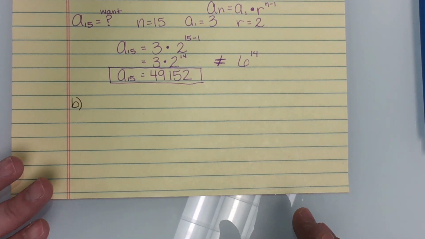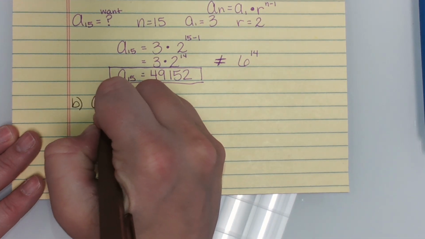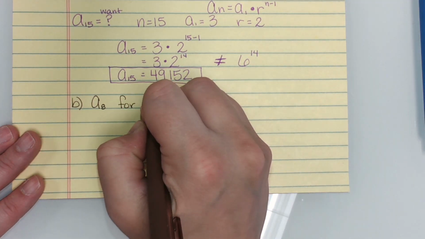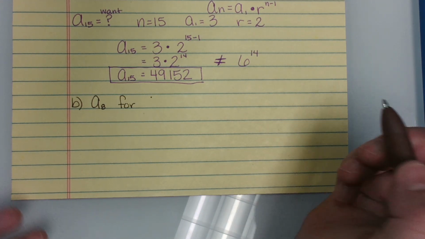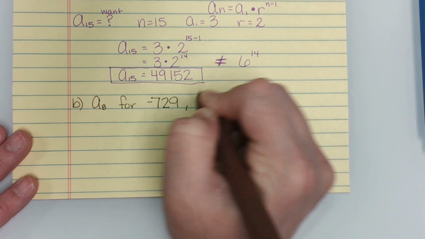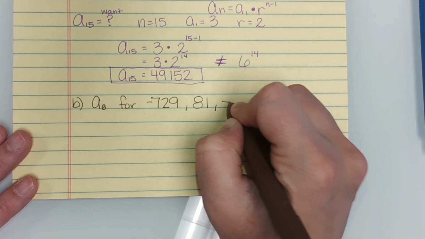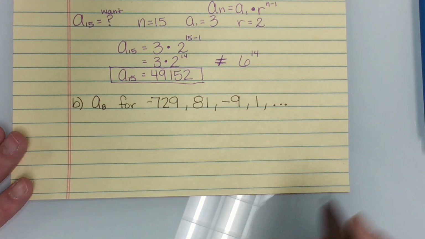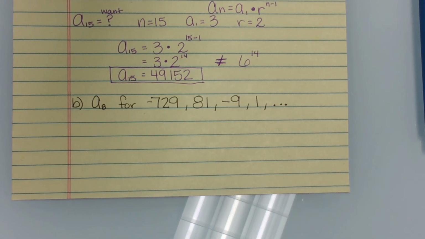Still finding the indicated term. A sub 8 for negative 729, 81, negative 9, 1.